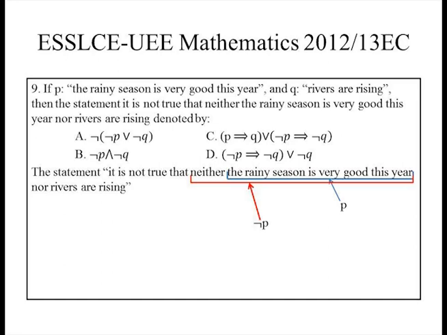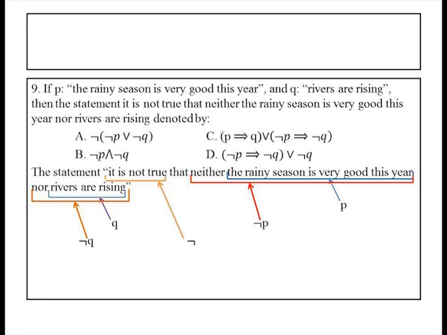Again, the statement or the sentence, rivers are rising, is represented by Q. Then, nor rivers are rising will become negation of Q. The statement it's not true means negation.